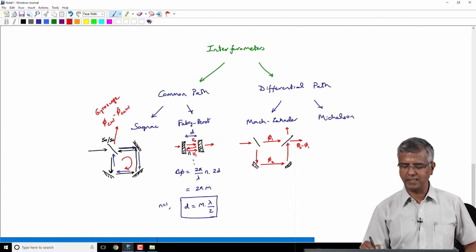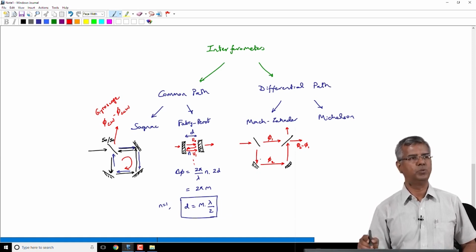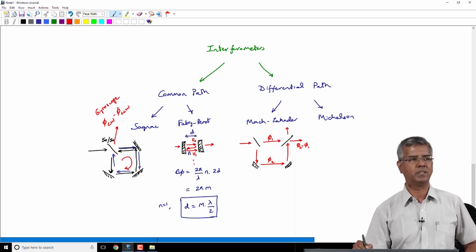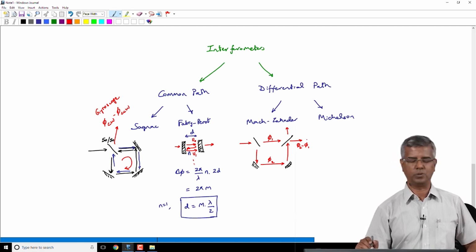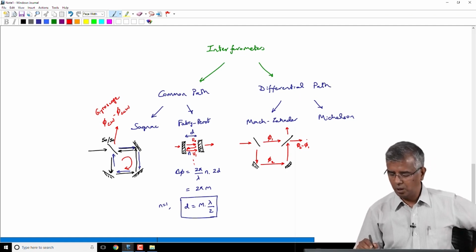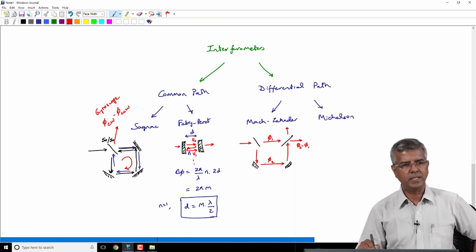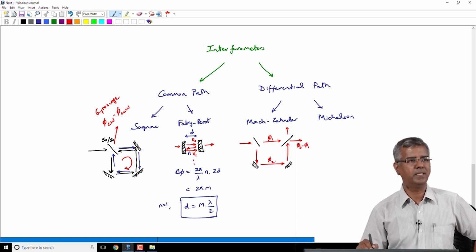But basically the Mach Zehnder interferometer has two different paths through which light can propagate, and depending on the phase difference between those two paths, you have constructive or destructive interference when you observe in one of the ports. Okay. Clearly this can be used to see if there are any small changes in the path length.